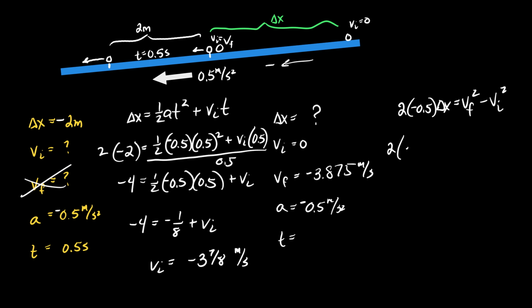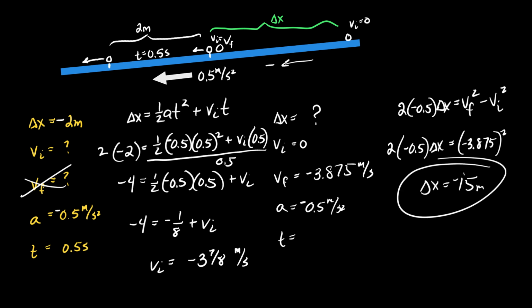So 2 times negative 0.5 delta x equals negative 3.875 squared minus 0 squared. But I'm running out of room. You just got to solve that. 2 times 0.5 is 1, so 3.875 squared I think is like 15. So I'm going to say negative 15 meters. So it starts 15 meters above where I am. Any questions about that? Perfectly acceptable question for a test.